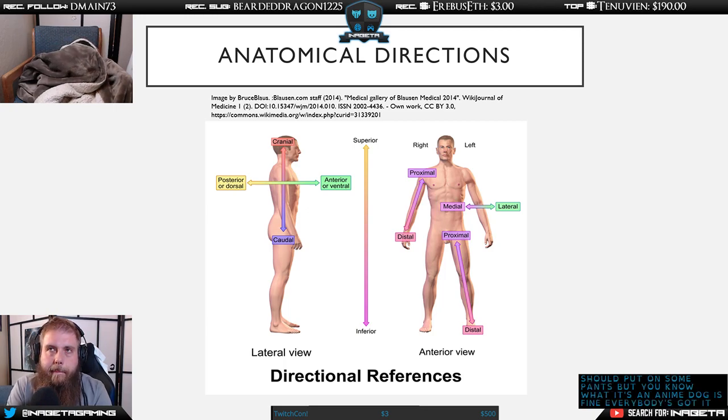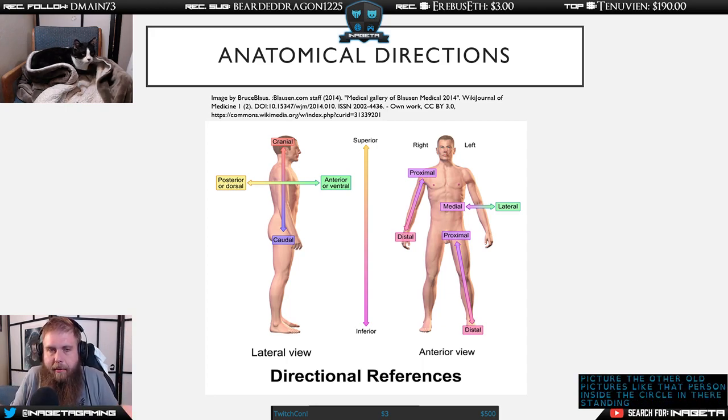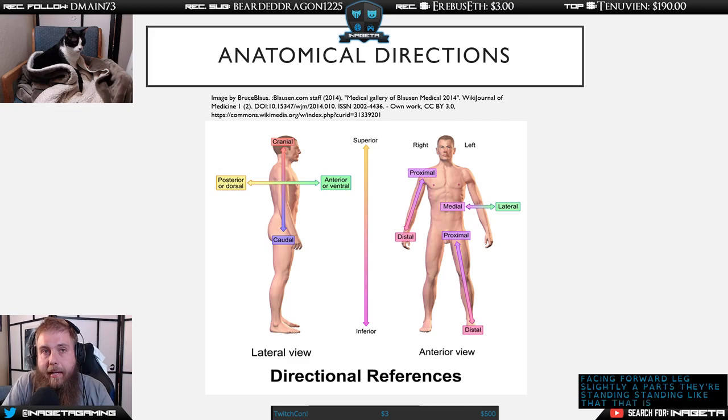Everybody's got it. You've probably seen that picture, I think Leonardo da Vinci drew it, the old picture of the person inside the circle, and they're standing like that with their palms facing forward. I can't show you on the screen, but palms facing forward, legs slightly apart. That is standard anatomical position, or at least what it was based off of.